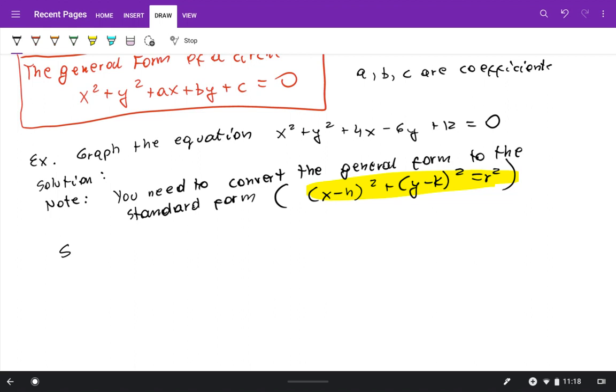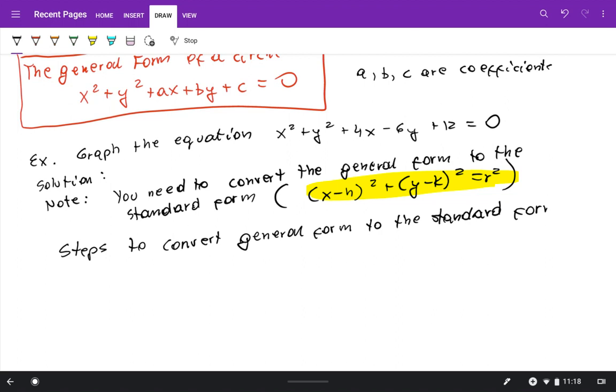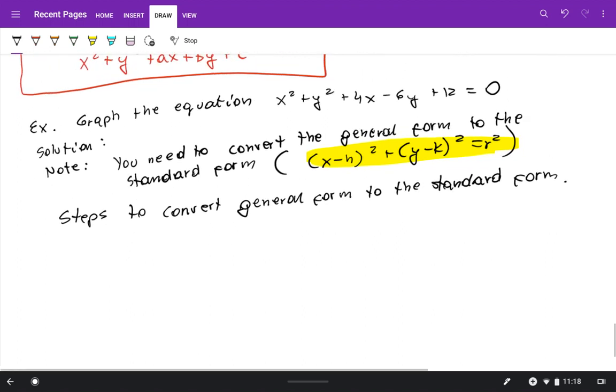So first step. Again, I'm going to give you the steps to convert the general form to the standard form, and you guys need to learn that. I'm going to write the steps and explain them based on our example.